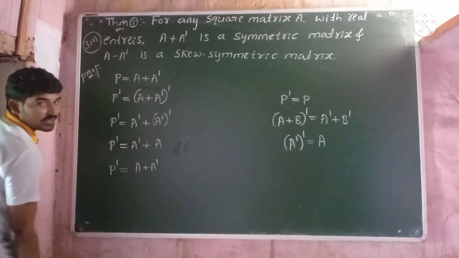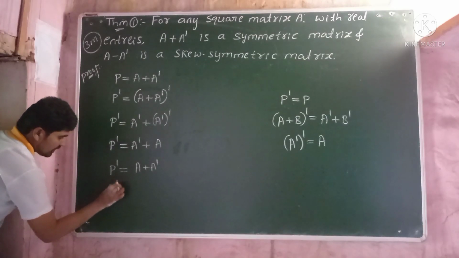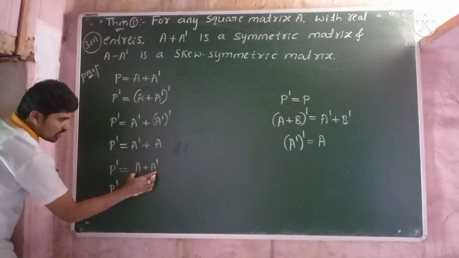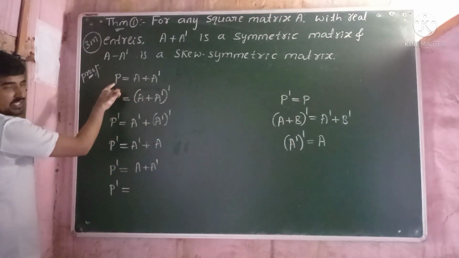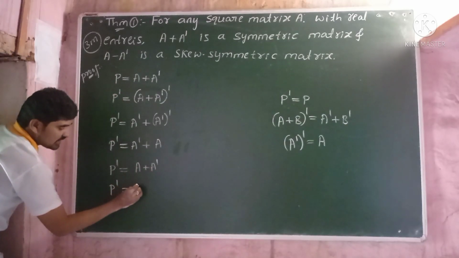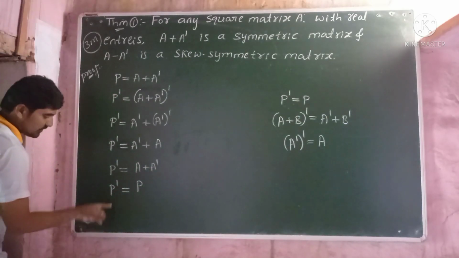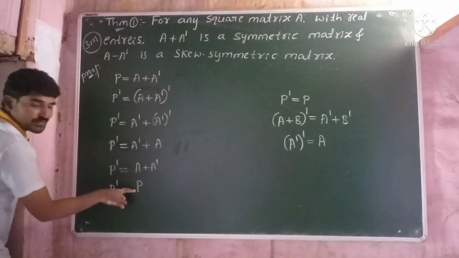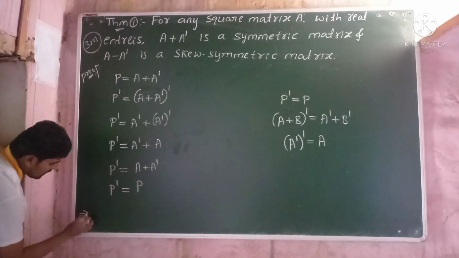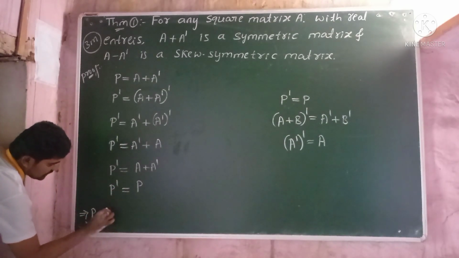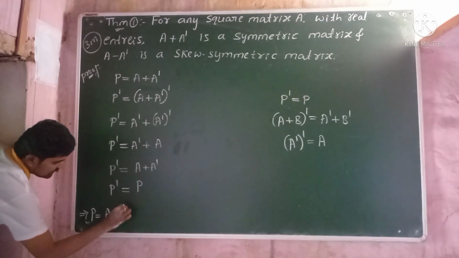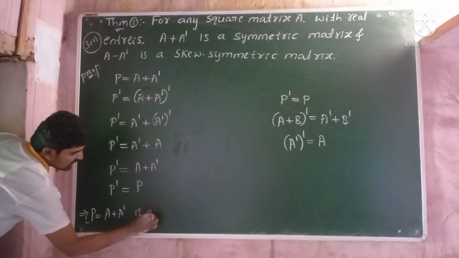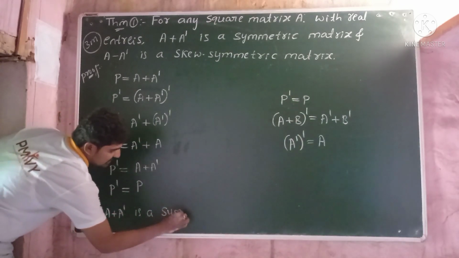What did we define as P? So in place of A plus A dash, P. Hence we prove that P dash is equals to P. Therefore, P is equals to A plus A dash is a symmetric matrix.